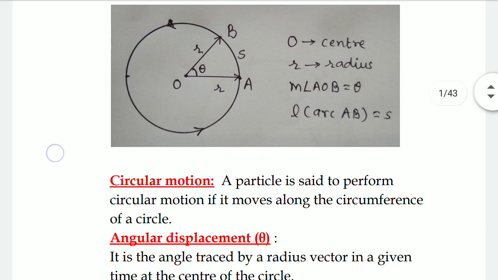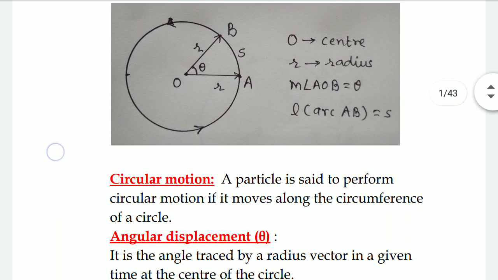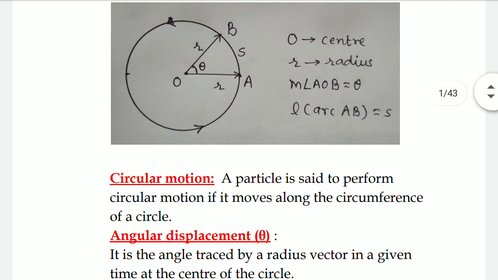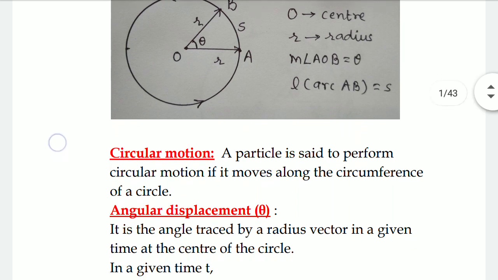After some time t, the particle has traced length of arc AB equal to s and the new position of the particle is at point B such that measure of angle AOB is equal to theta. Then this measure of angle AOB equal to theta is known as the angular displacement of the object.